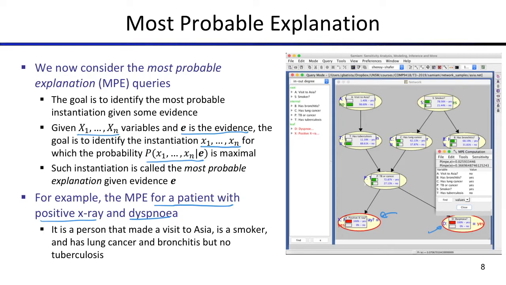So in this case, the instantiation has these characteristics here, right? So the person has, actually there's a typo here, no visit to Asia. So we can see here, visit to Asia, no. And is a smoker, has lung cancer, bronchitis, but no tuberculosis. So let me detail this a little bit more, just to be sure that you understand what I'm talking about.